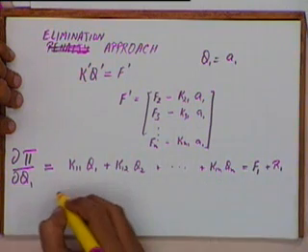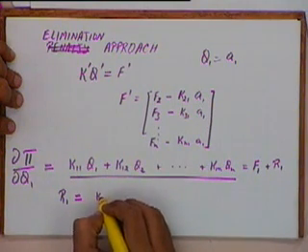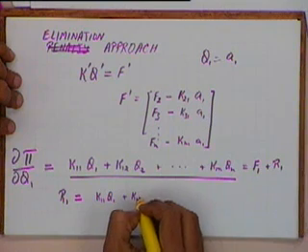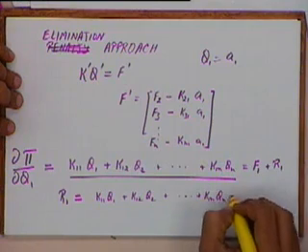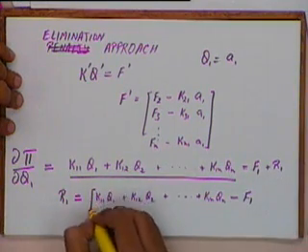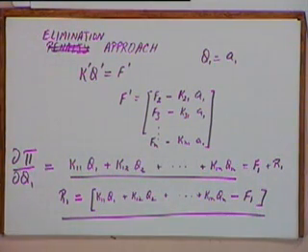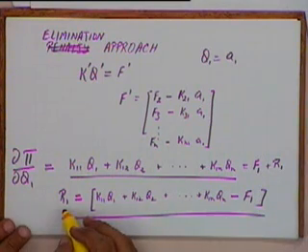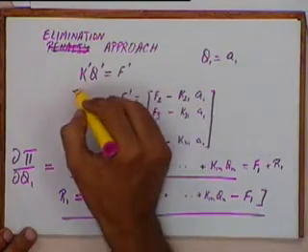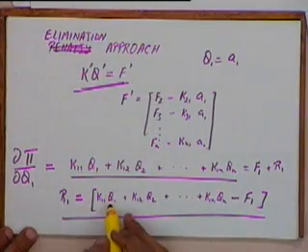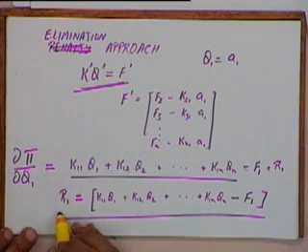So from this equation I can directly say R1 will be equal to k11 Q1 plus k12 Q2 up to k1n Qn minus F1. This will be the expression for finding out the reaction at node 1. Once I have solved the system of equations, we know the values of Q1, Q2 till Qn, all the variables will be known, and you can find out the reactions by this expression.